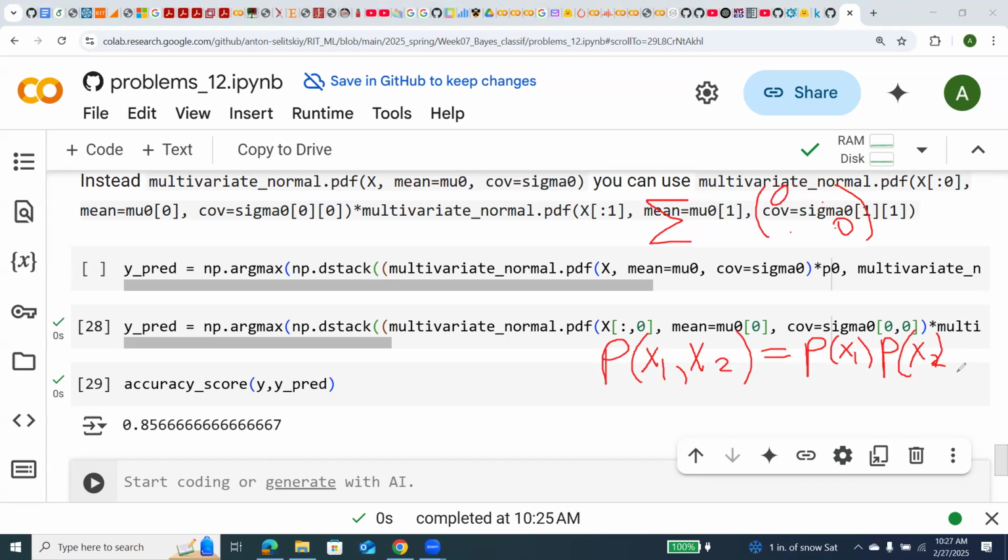In the first case, we didn't assume independence of the features. In the second case, we assumed independence of the features and got a better score. What do you think is the reason behind it? Of course, it's not always the case.